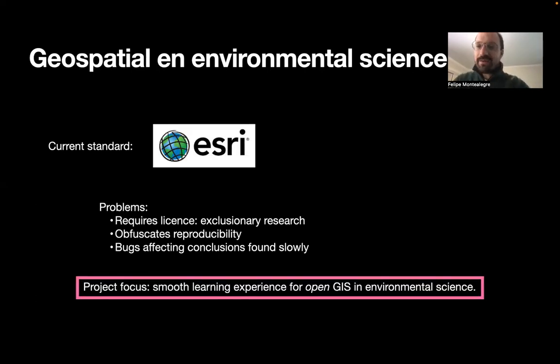Our project was trying to draw attention from the environmental science community to some of the open source tools that exist, and also to see how far we can take the open source cloud native approach to geospatial data in environmental justice, and see if we can find any places where we are missing tools.